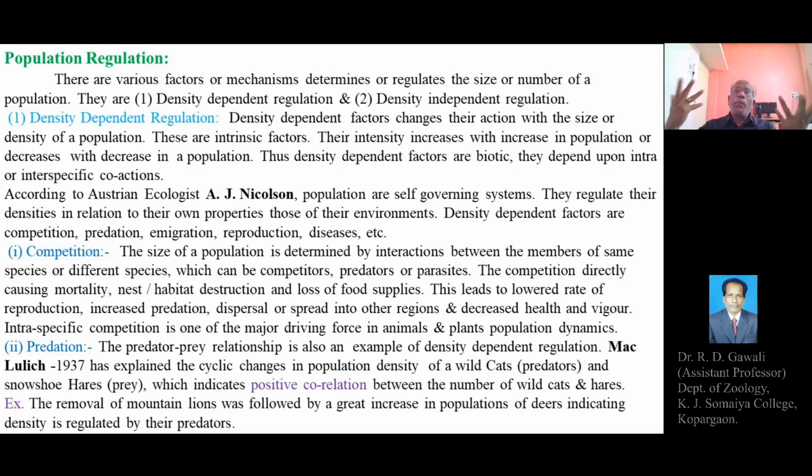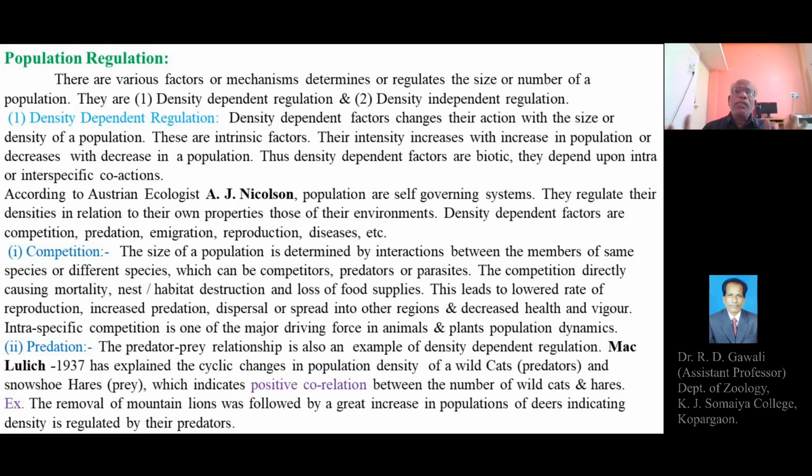Competition may be for various purposes. Competition between the organisms of the same species or between the organisms of different species. The competition may be for the habitat, that is a living space, then food supply, maybe for reproduction, maybe for oxygen.